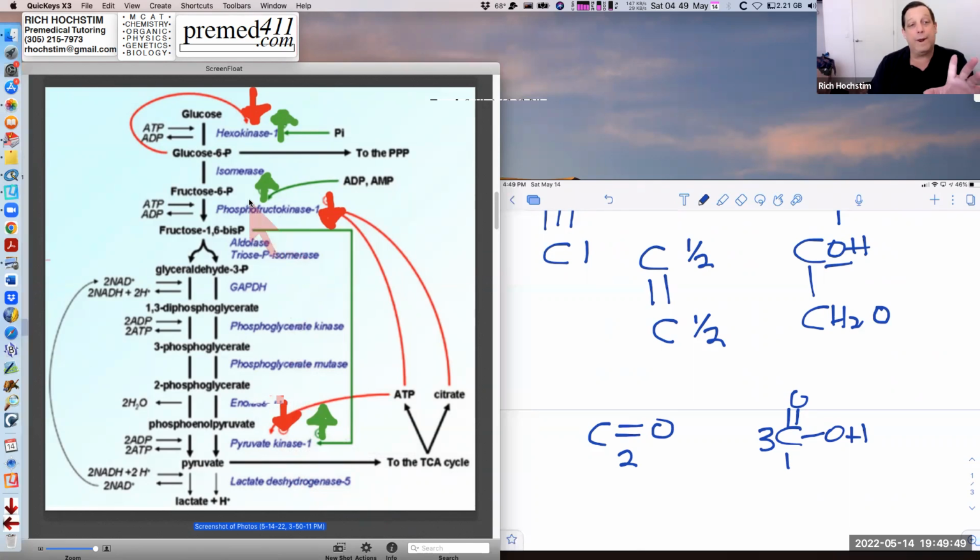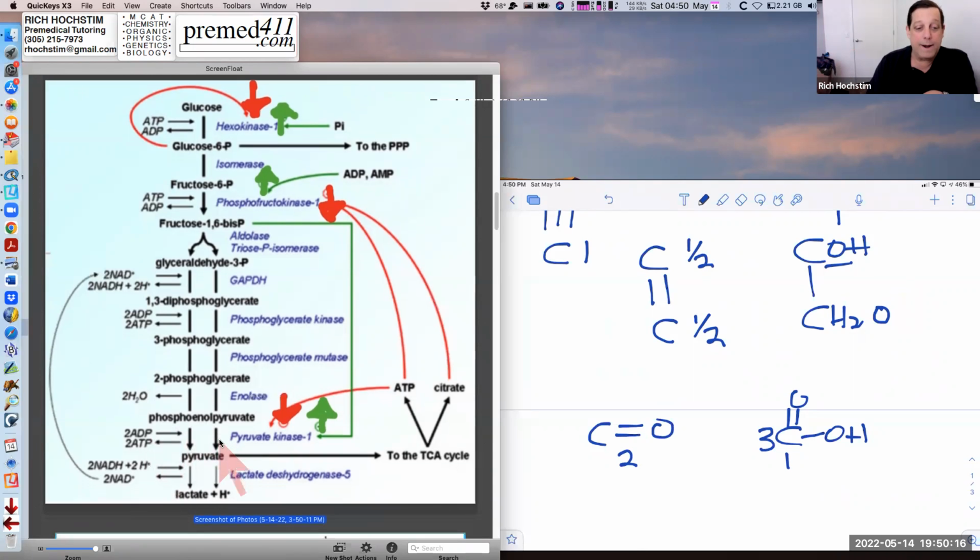Every time we make an ATP like this right over here, or these are the 4 ATP we make, if we have a lot of ATP, that step will be downregulated because we don't need more ATP. That isn't mentioned because these are not considered major control steps, but they are part of the deal.